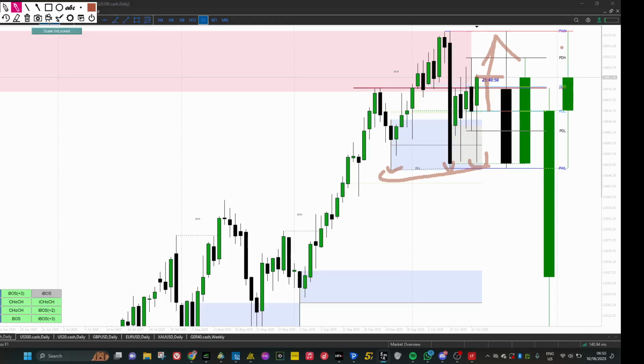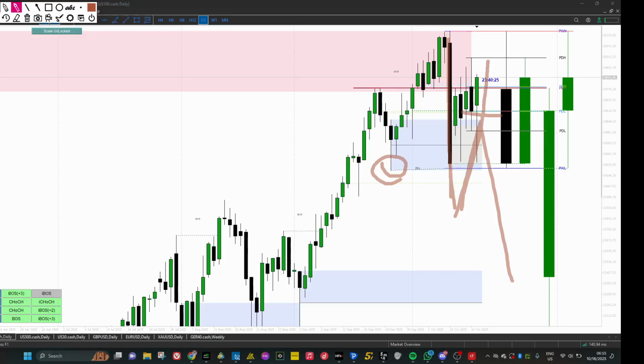But currently, using my rules of structure, this is the current level that's maintaining the uptrend. So until we break below here, we need a break below, a strong close, and then we can return to retest, and then we can form a new level.